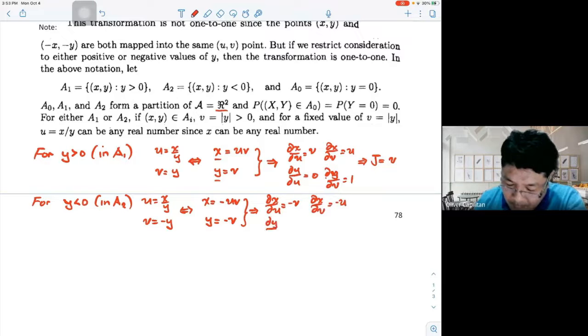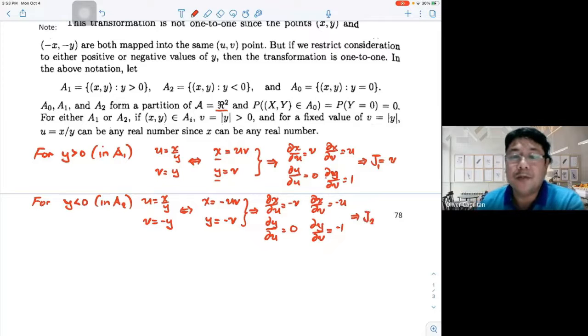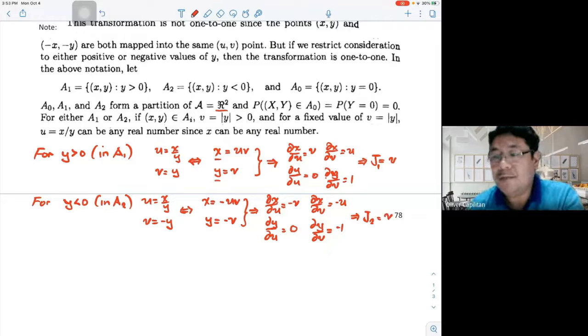The partial derivative of y with respect to u is 0. The partial derivative of y with respect to v is negative 1. That was J sub 1 earlier. Okay, J sub 2, the Jacobian of our transformation, would be equal to still positive v.